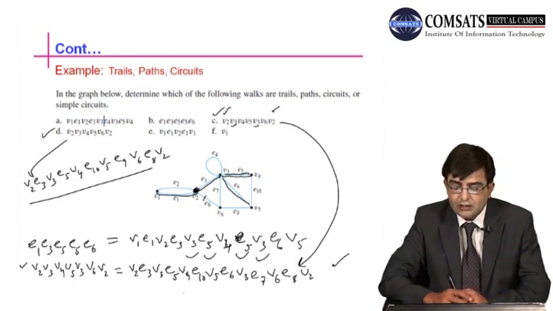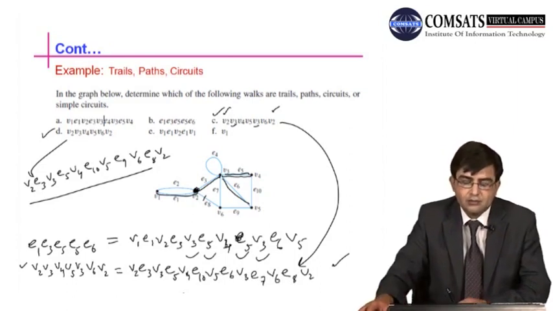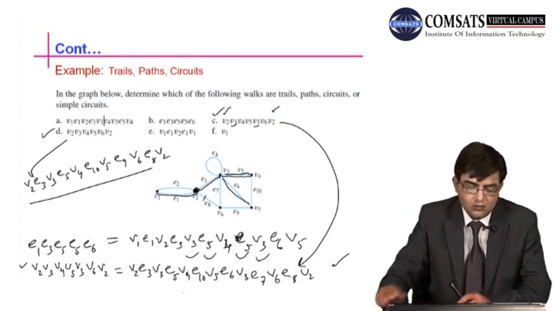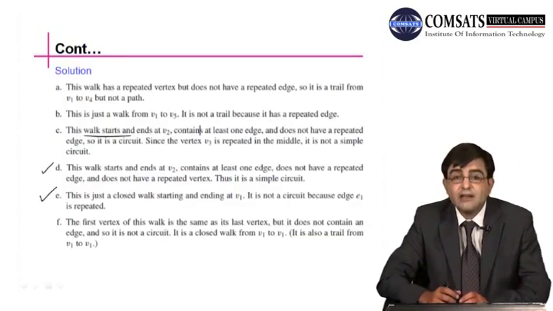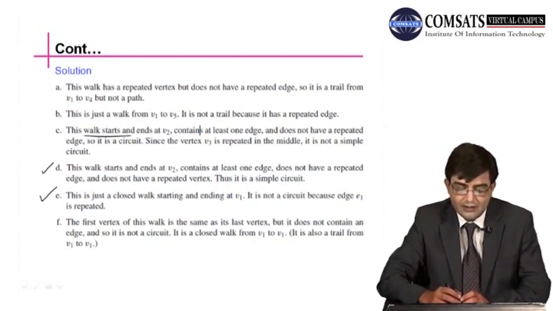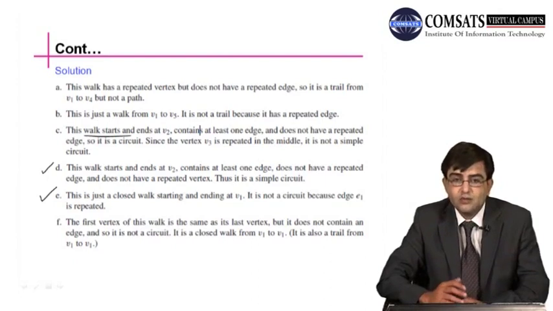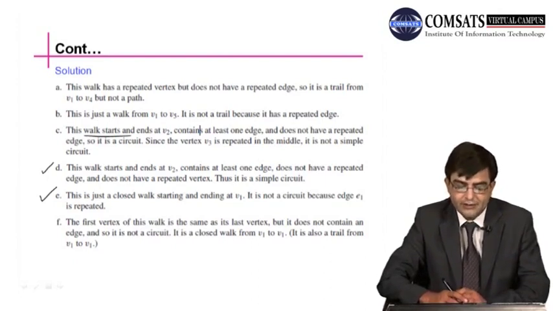So it is a closed walk, because starting and ending point is same, and edges are repeating, which is only allowed in a closed walk. It is not a circuit because edge E1 is repeating, because in a circuit there is a condition that it must contain at least one edge, and edges must not be repeated. So it is not a circuit, it is just a closed walk.